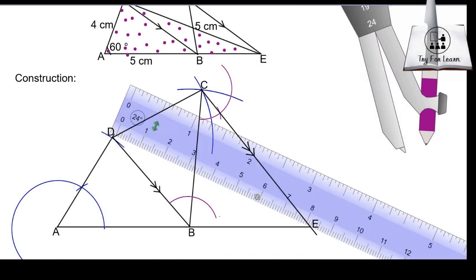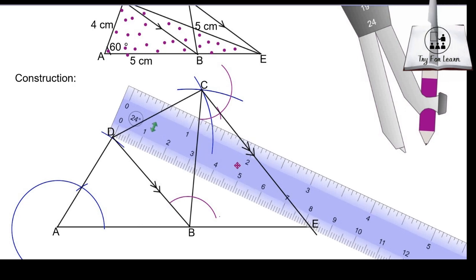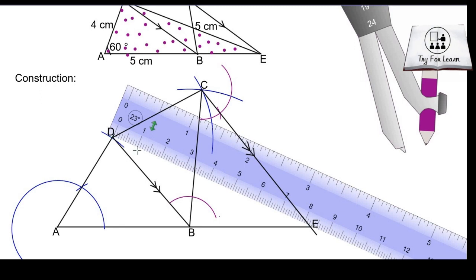Now, if we join D and E, we will get the required triangle ADE, whose area is equal to the area of quadrilateral ABCD. So let's join D and E. By the help of scale and pencil, you have to join D and E as shown in the figure.